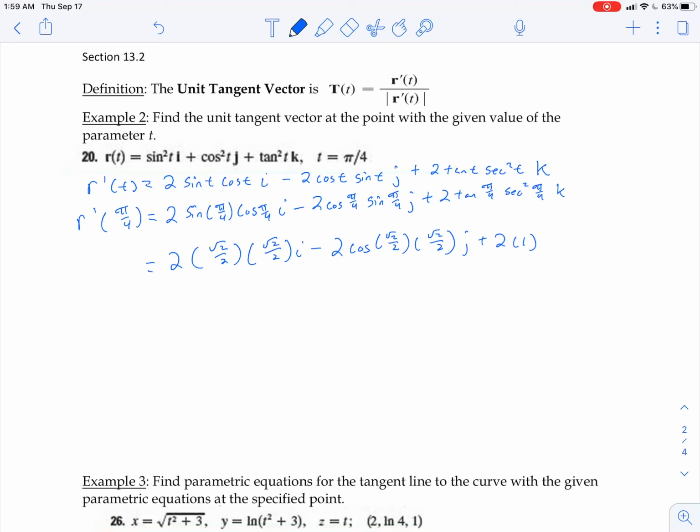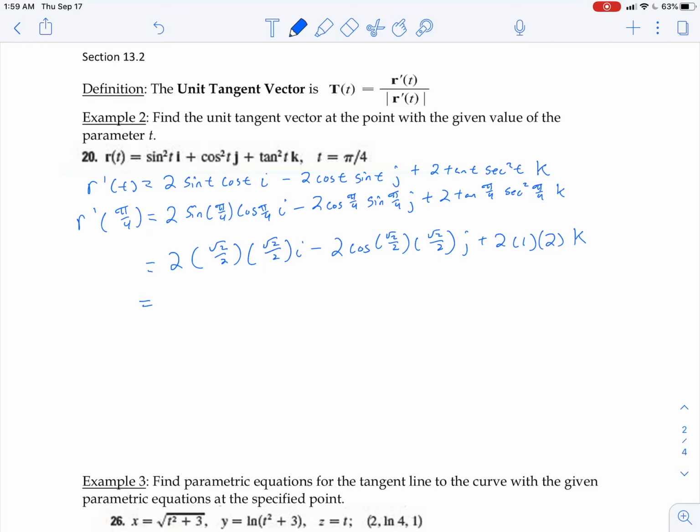And secant squared of pi over 4 is 1 over the square root of 2 over 2 squared, which works out to 4 over 2, which is just 2.